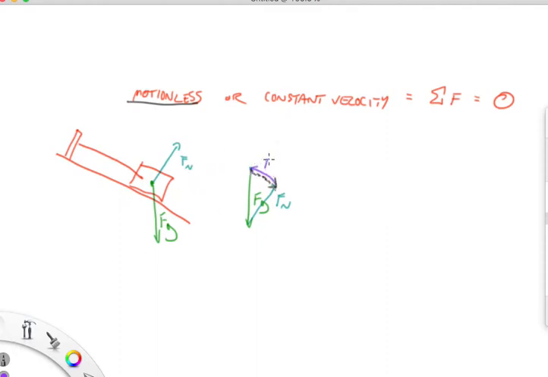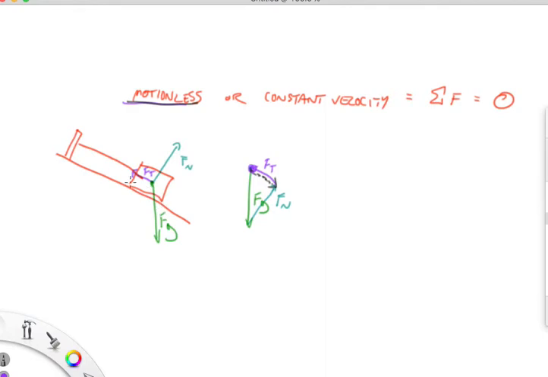So this must be what the tension force is. So I'll draw that right about like that. So if you add up all of these vectors, you add this green vector to the blue vector to the purple vector, green plus blue plus purple, they should come back to 0, to where you started from. And that's what we see right here. So this object is motionless because all the vectors added up together will get you 0.